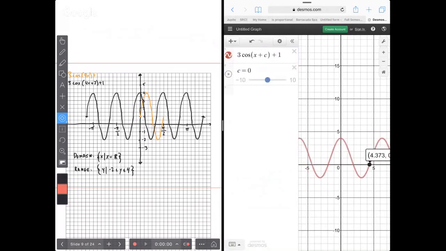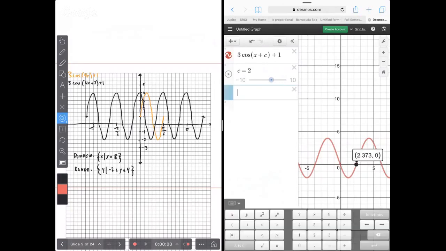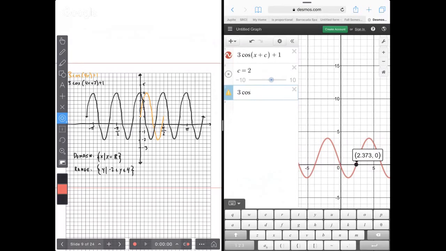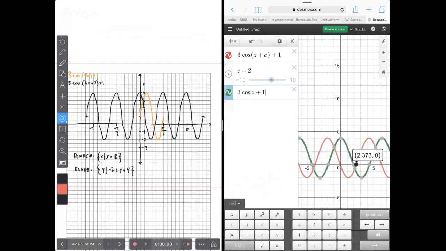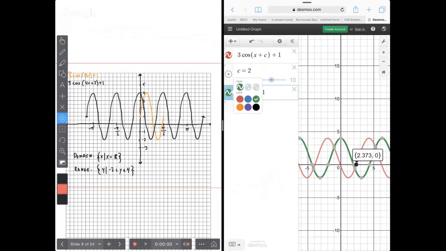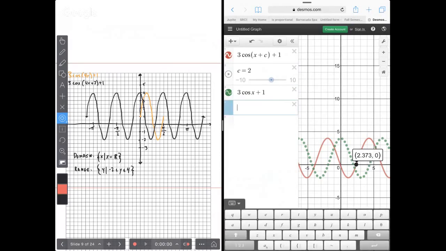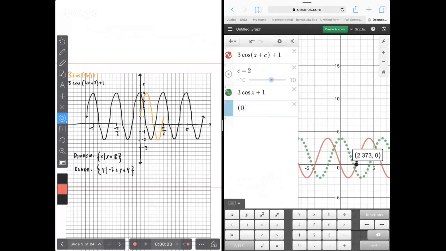So here's C plus C. And we can watch, here's C at 0, and it moves to the left such that the point that was in the background, 3 cosine x plus 1. So that point moved left 2. So here's the green point, 0, 4.